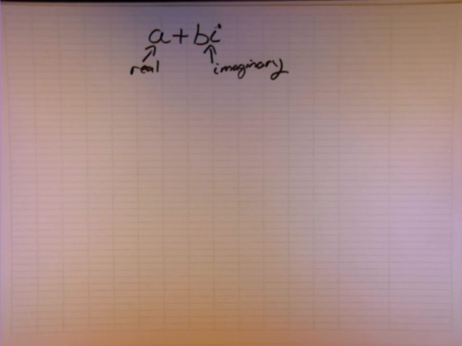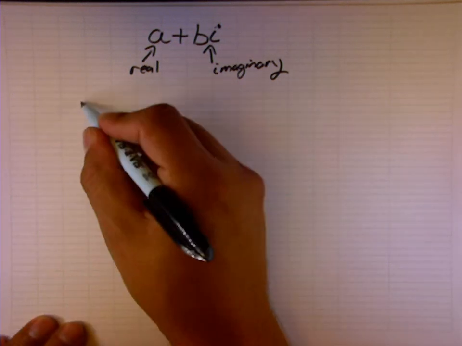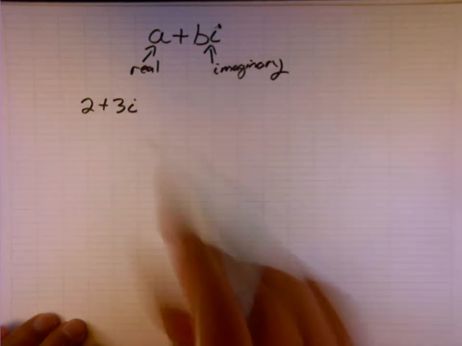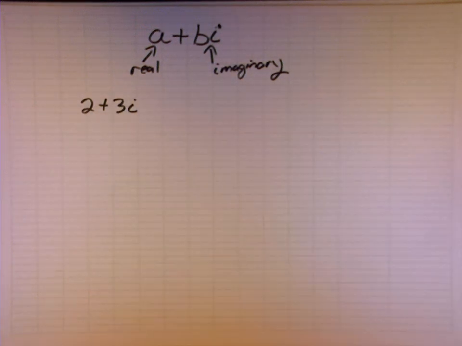An example of a complex number is this, 2 plus 3i. That is a complex number that has a real component, 2, and an imaginary component, 3i.